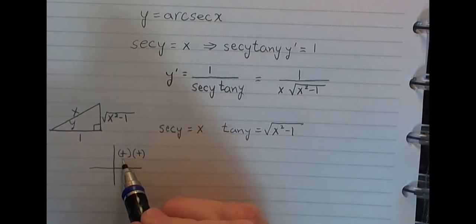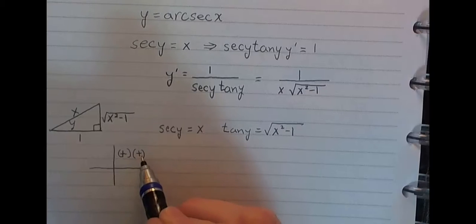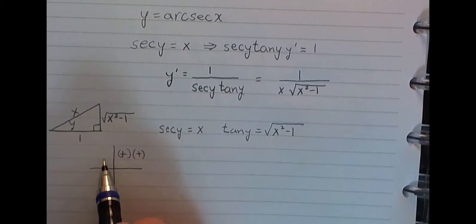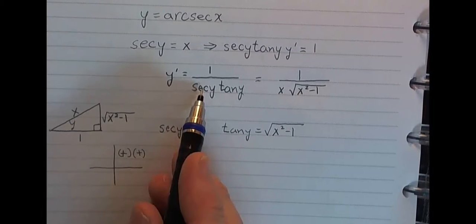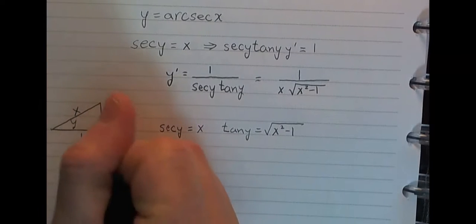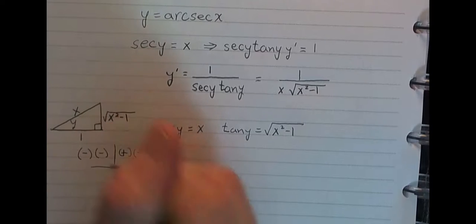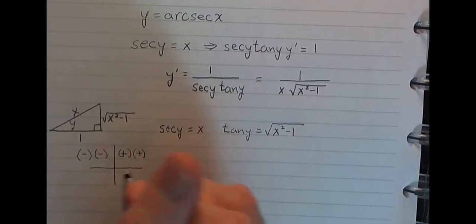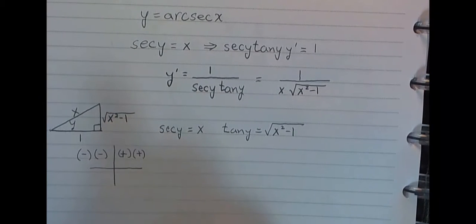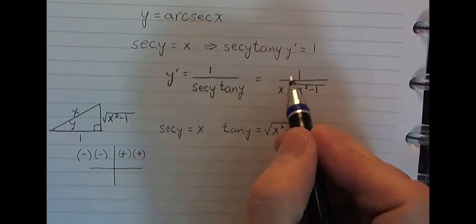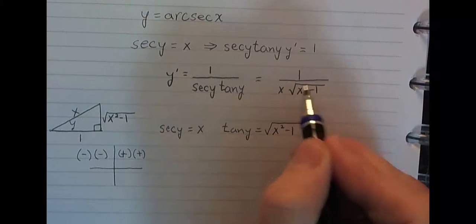Because secant is positive in that quadrant, and so is tangent. But what if y is in the second quadrant? Well, secant is 1 over cosine, and it's negative over there, and tangent is also negative. So a negative times a negative, well, that's also a positive. So we've got to take measures to make sure this is always positive.